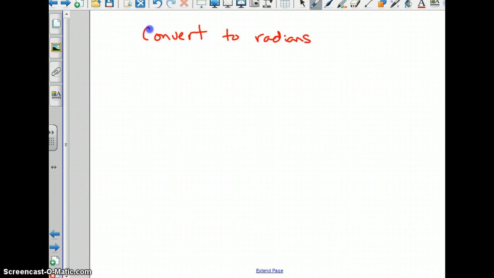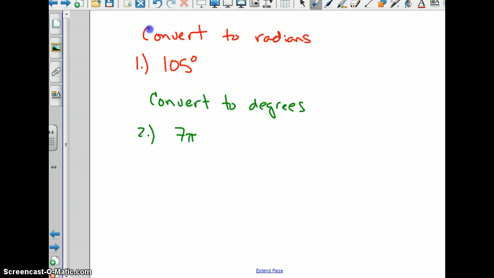I'm going to give you a degree of 105 degrees. And then secondly, convert to degrees this problem, where we have a radian measure of 7 pi over 12. So use the 2 ideas we've just talked about and complete those 2 things.